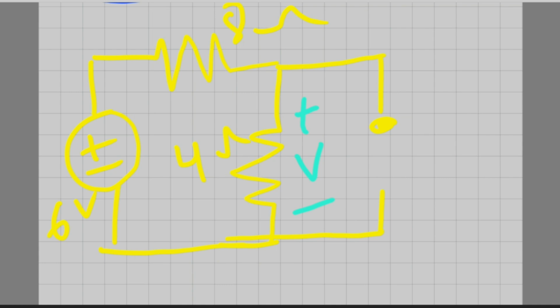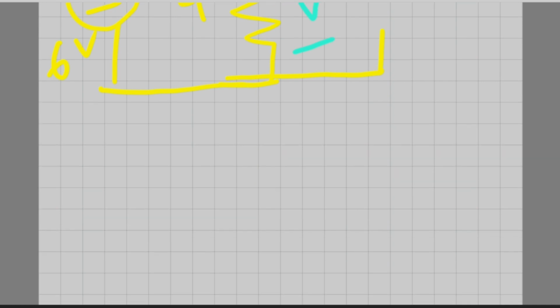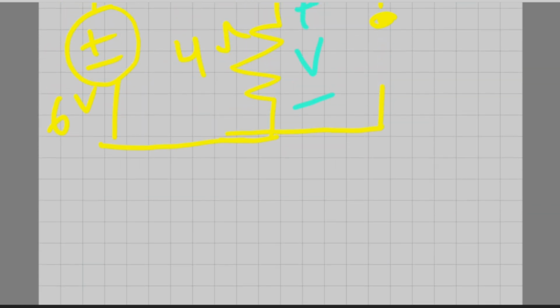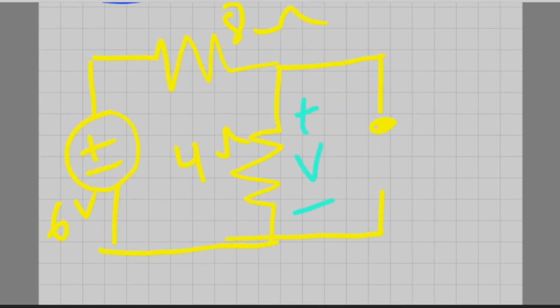So here we need to find out this V. In order to find this V, we first need to calculate the current. It's easy to find the current because only this 8 ohm and 4 ohm are in series.